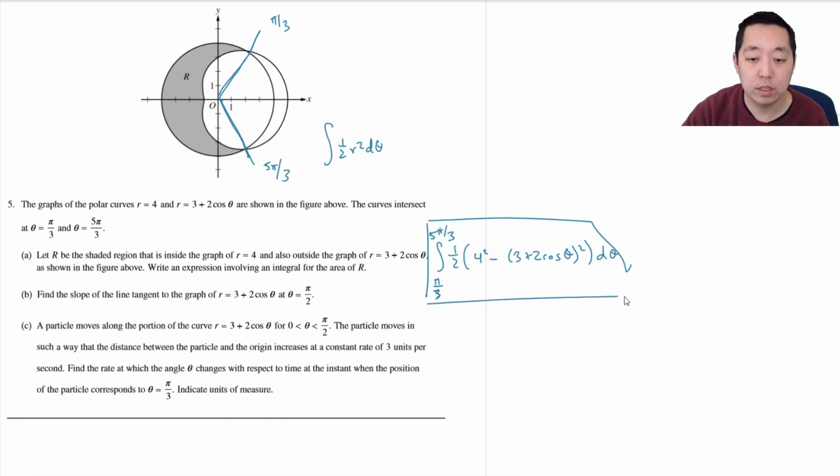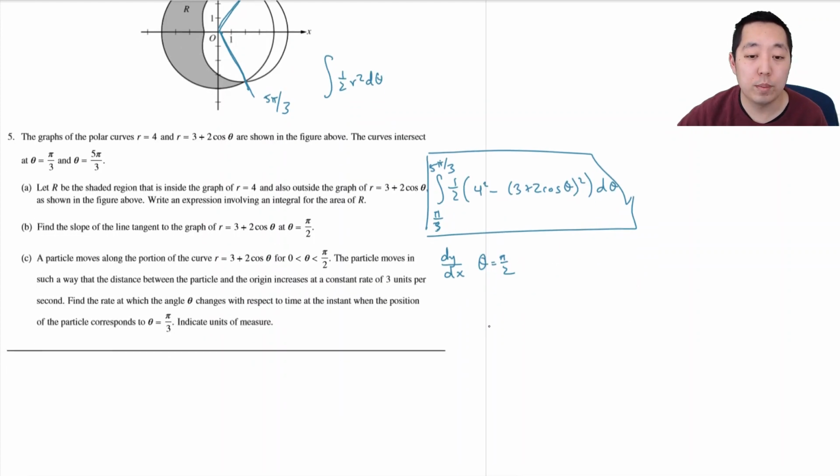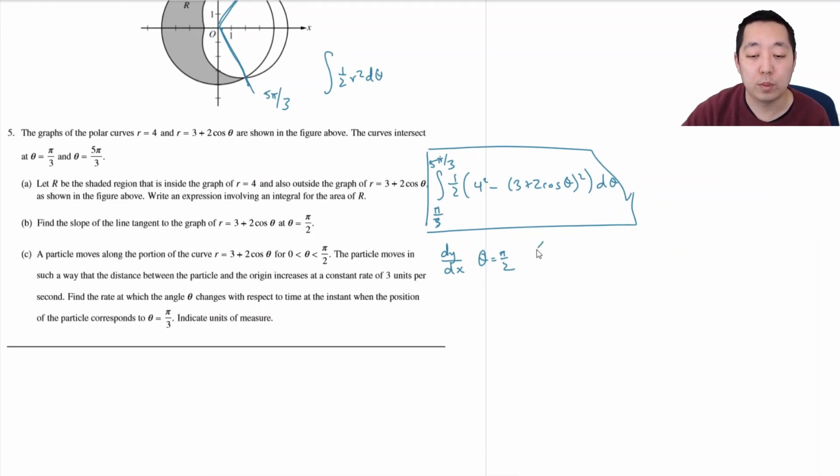Find the slope of the tangent line to the graph r at theta equals pi over 2. So I need to find dy dx at theta equals pi over 2. And either you can remember the equations here, or you remember the parameterizations. I never memorized the tangent line slope equation with polar coordinates. I always go from x is equal to r cosine theta, y is equal to r sine theta.